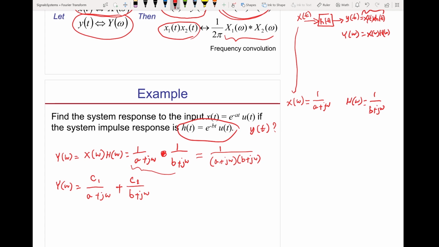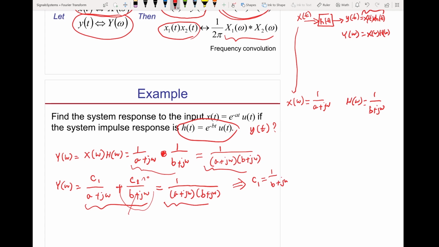Just to show you how we find C1: this is equal to exactly this. To find C1, I multiply both sides by a plus j omega and set j omega equal to minus a. If I multiply this term by a plus j omega and set j omega to minus a, this will go to 0. I multiply this by a plus j omega, and I end up with b plus j omega.